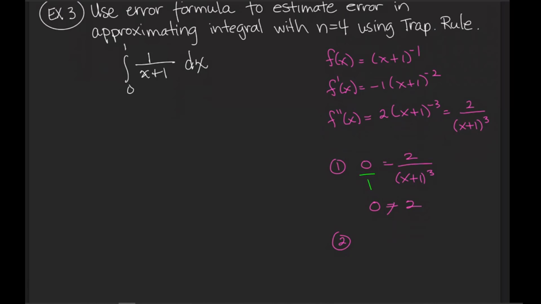Second, I need to take the second derivative evaluated at a, or in this case 0. So I've got 2 over (0 plus 1) cubed, which gives me 2. Then I'm going to plug b into the second derivative. Here b is 1.